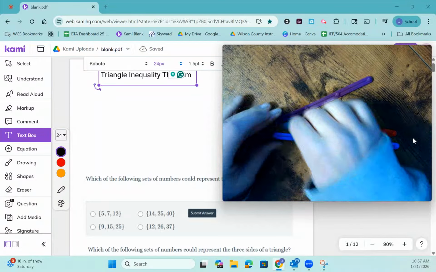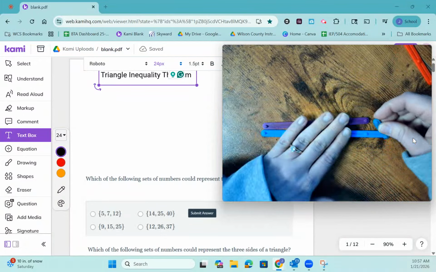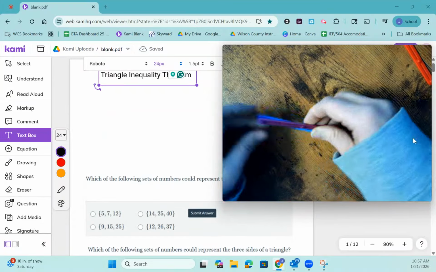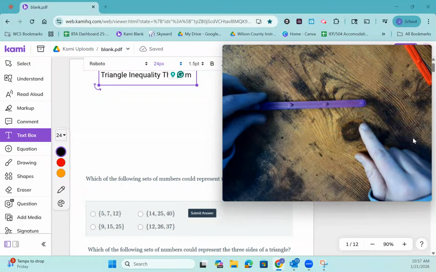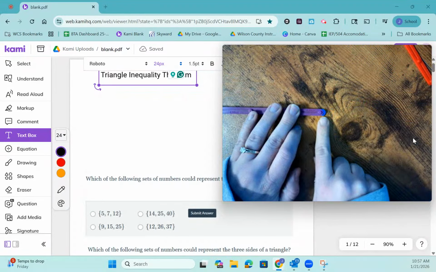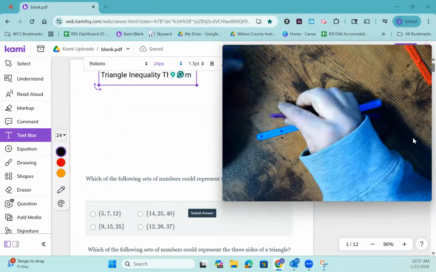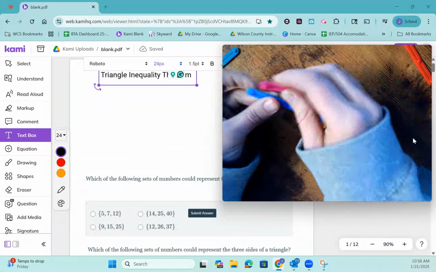If I have this side length with this tiny one, it's really close, but when it lines up, it's still not larger than that longest side length. So you would need a longer side to create that.